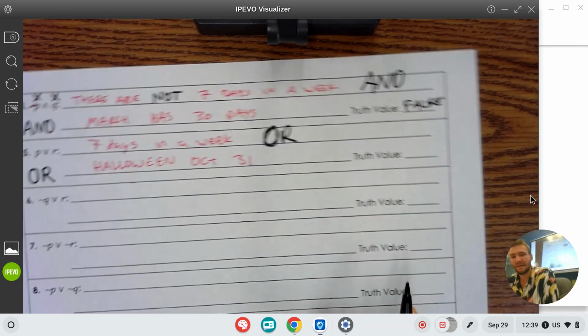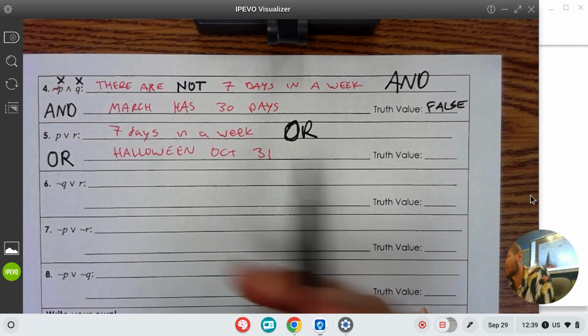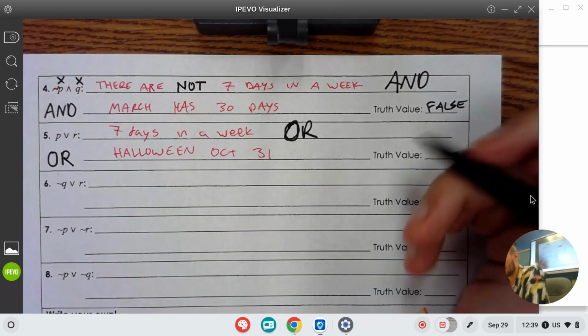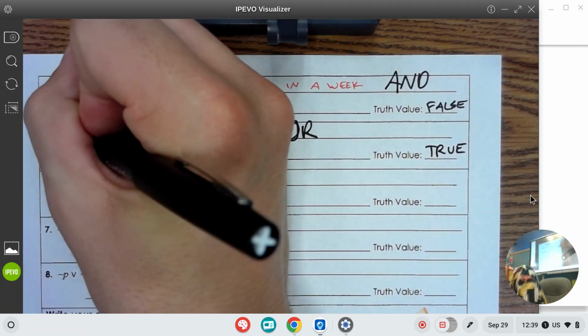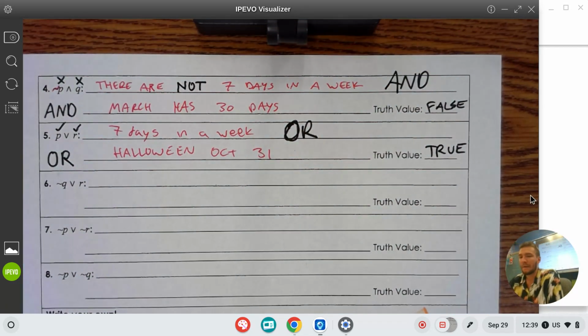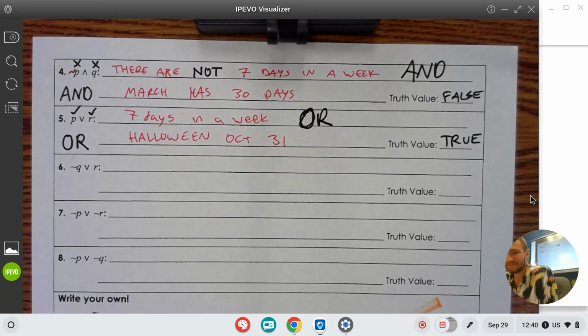What is the truth value of this compound statement? This is true, right? Again, this might be a little bit annoying, but hopefully it seems too easy. It's like the easiest unit. It's not all that hard, okay?